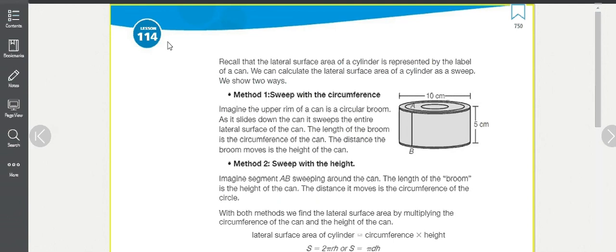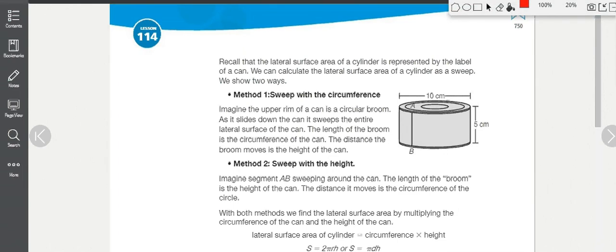I think this explanation is a little bit hard to follow, and since you already know how to find LSA of a can, I don't think it's crucial that you follow all of this, but they're basically saying, what if your broom was a circle that traveled downward and just kind of covered all the points as it did that? You'd be sweeping with circumference. The length of the broom is the circumference here at the top. The distance the broom moves is the same as the height of the can.